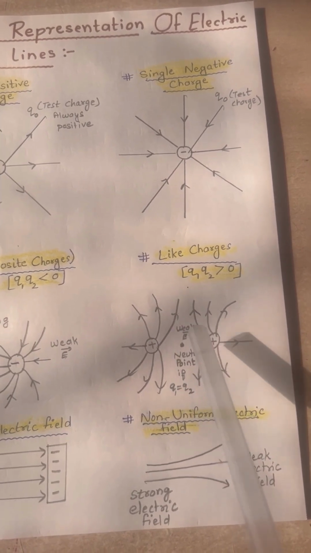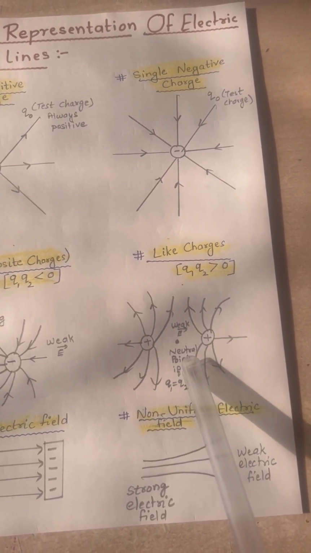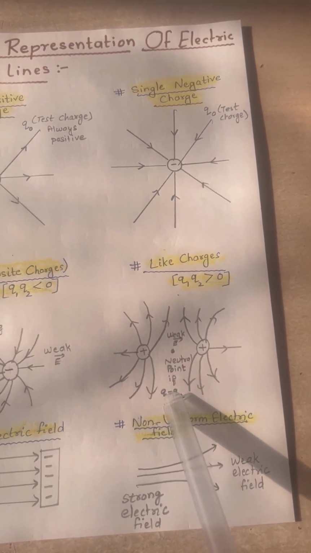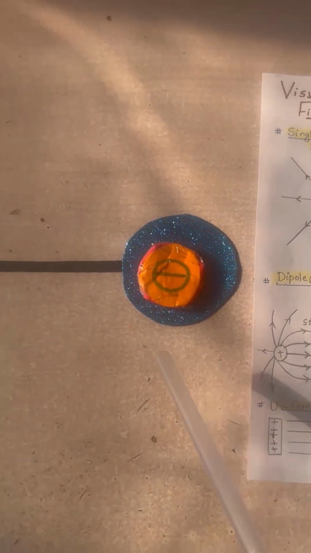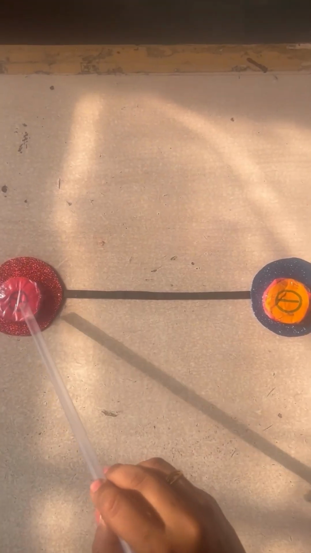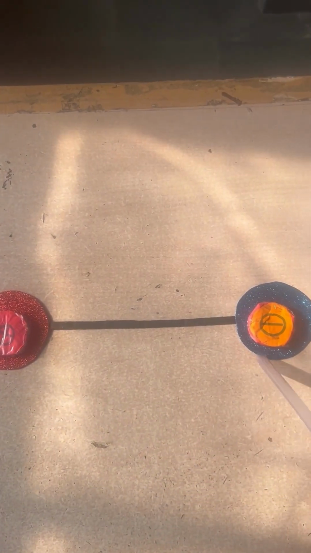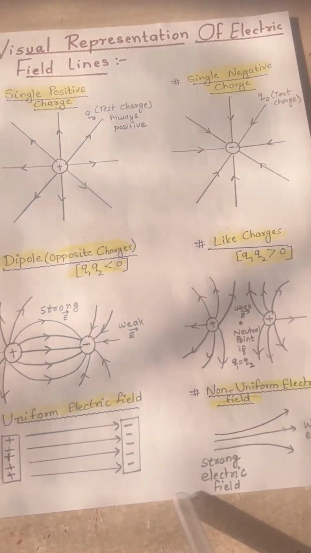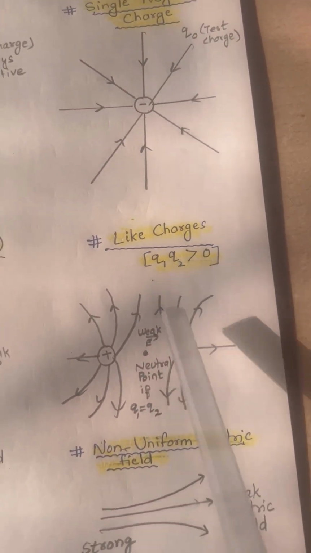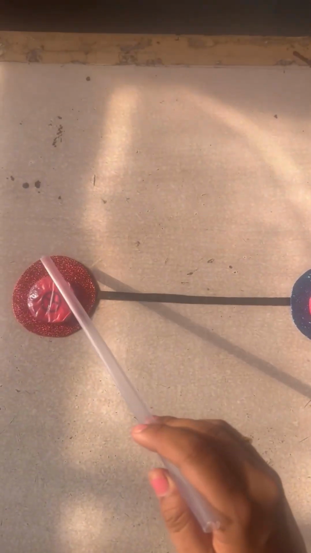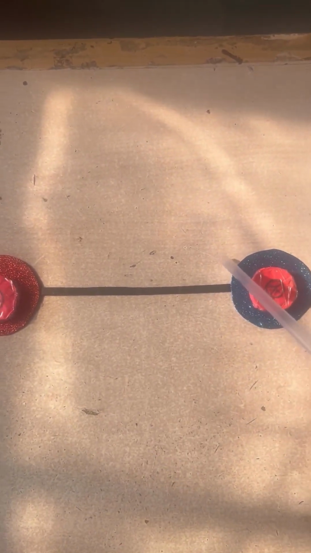Here if two charges are same, then we will get the neutral point between the charges where electric field will be weakest, that is 0, as shown. In this model, when there is a dipole the field lines will move from positive to negative, and for two similar charges they will be repelled and will move away from each other like this.